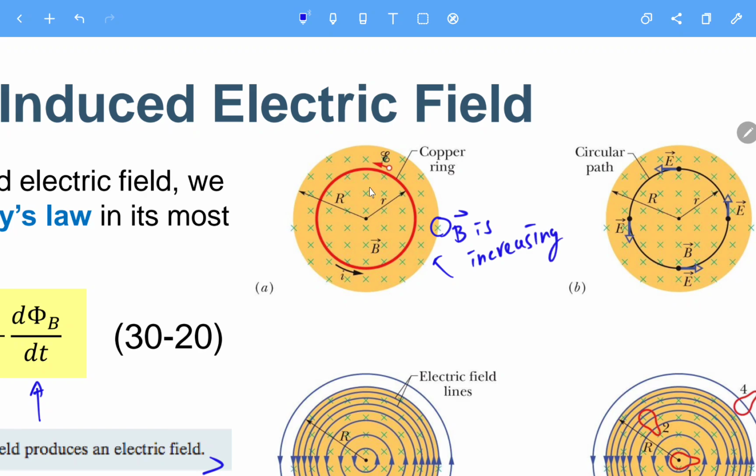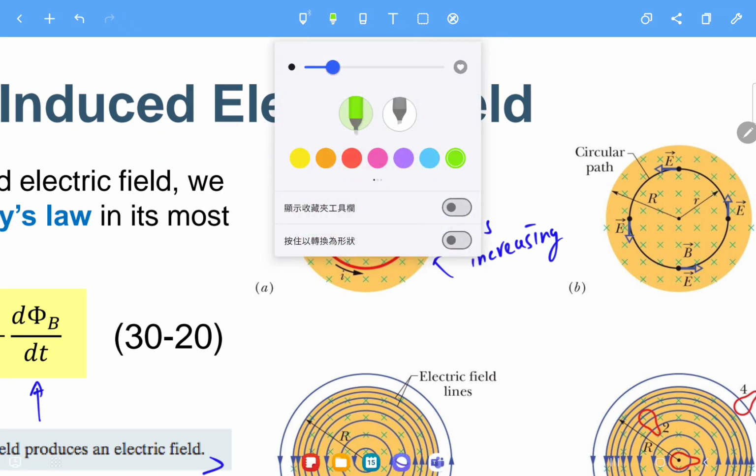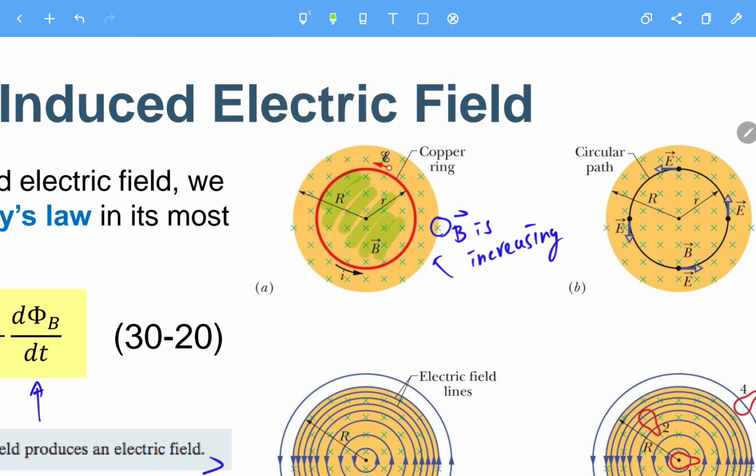Which means that for this cross section, for this loop, as B is uniform, phi B will be B times A, where A is the area of this circle. If B is changing, then phi B is changing.